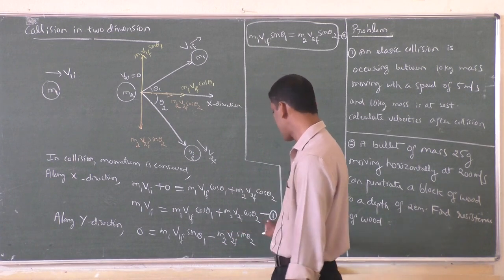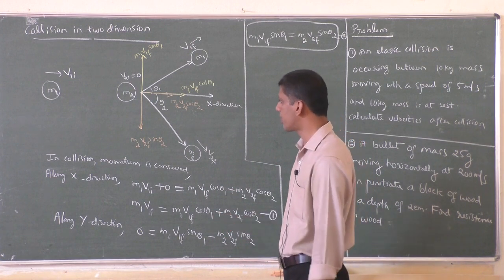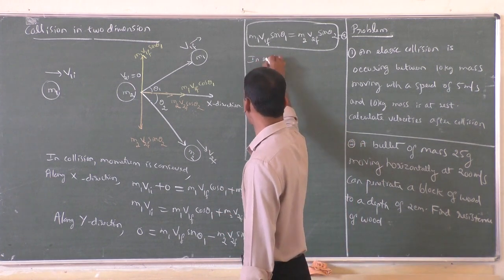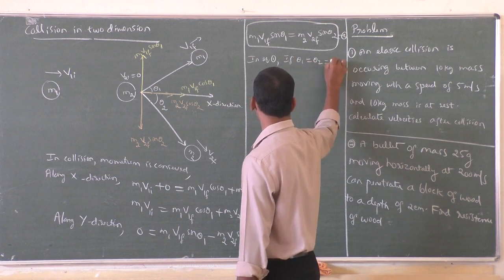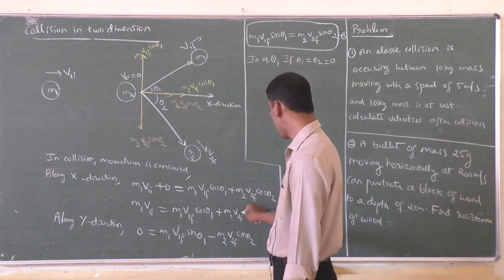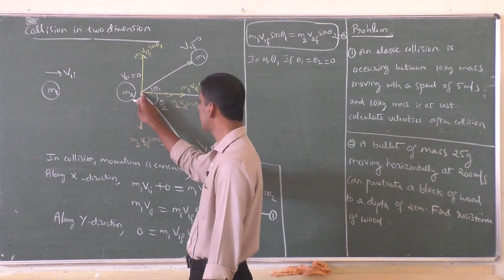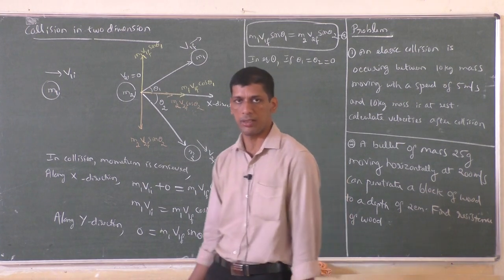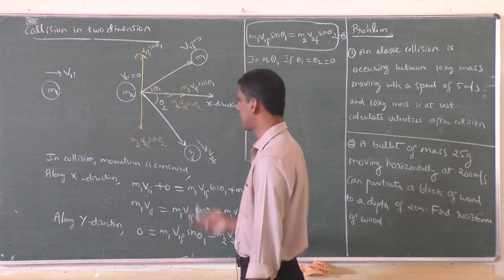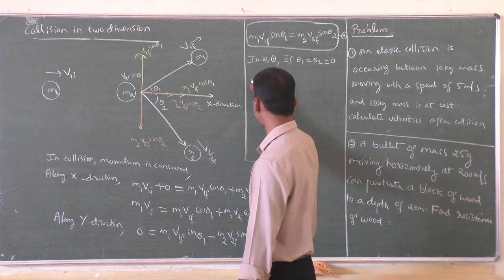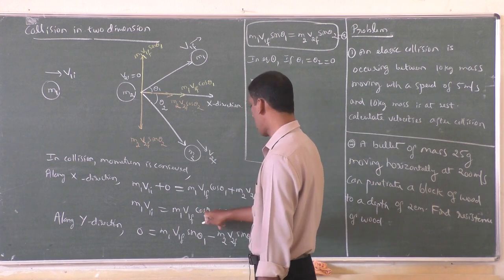And in equation number 1, suppose theta 1 and theta 2 both are equal to 0, what happens? If theta 1 and theta 2 both are equal to 0, the bodies should move along the x direction only. They go straight like this, not at an angle. Then the formula becomes m1 v1i should be equal to m1 v1f cos 0.